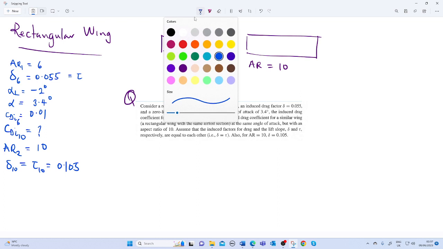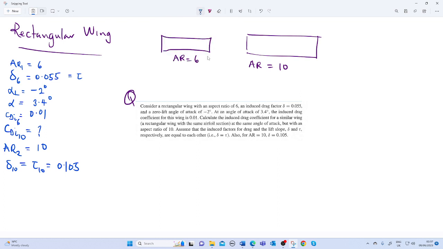Now, by using the induced drag equation, CDI equals CL squared over pi AR times 1 plus delta, we can deduce that CL squared equals pi AR CDI over 1 plus delta.